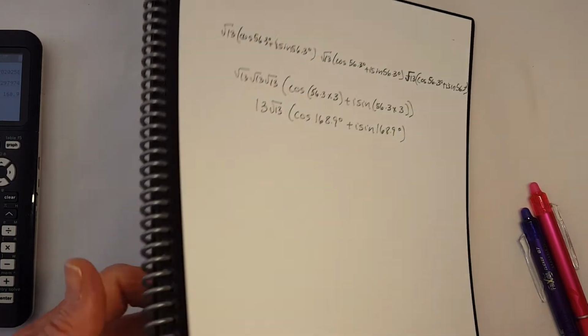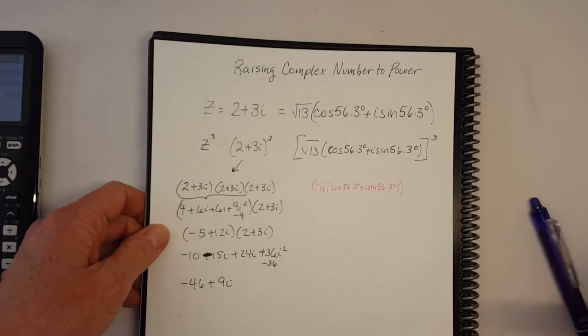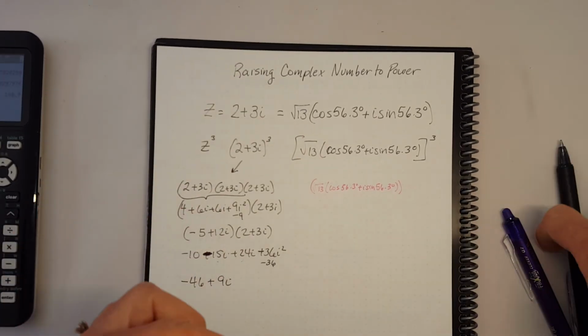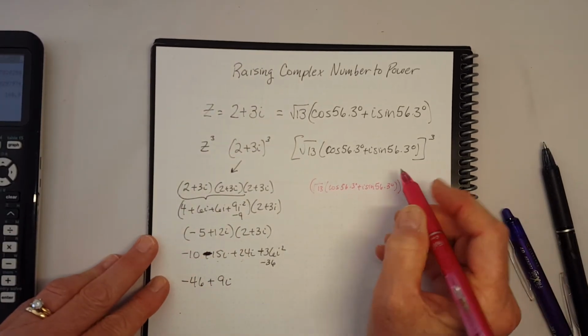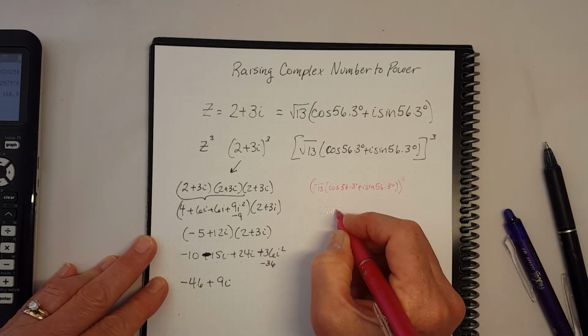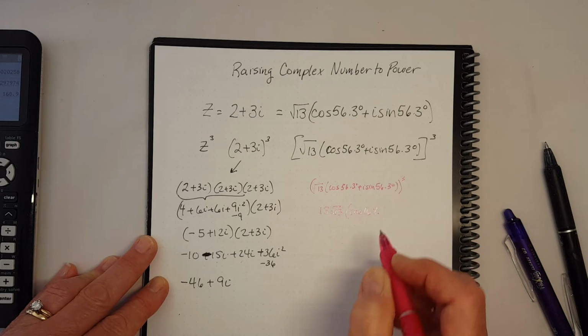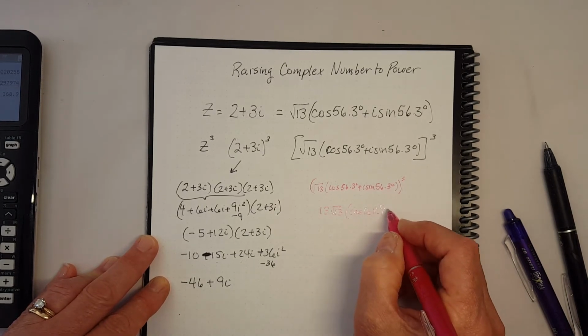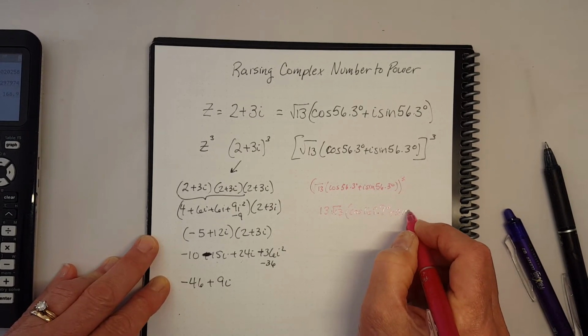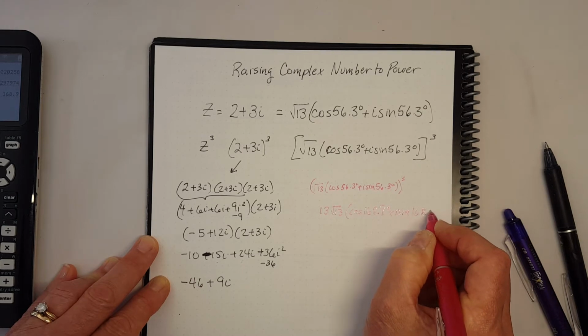Okay, so if I go back to my earlier page here, and I say that I cube this, I get 13 times the square root of 13 times the cosine of 168.9 degrees plus i sine 168.9 degrees.